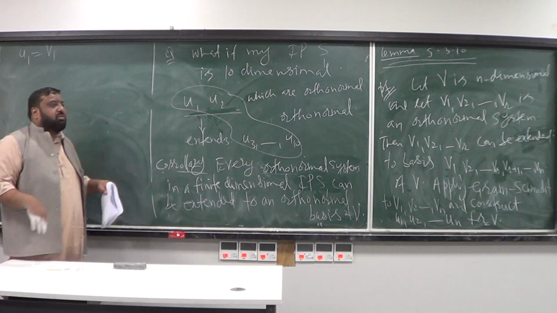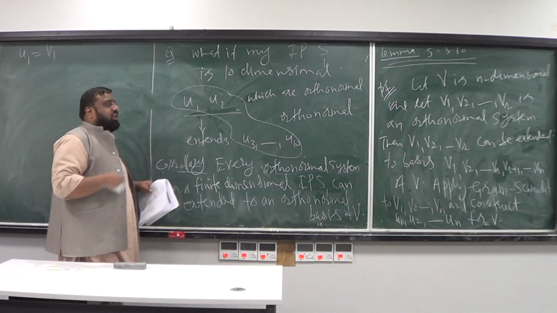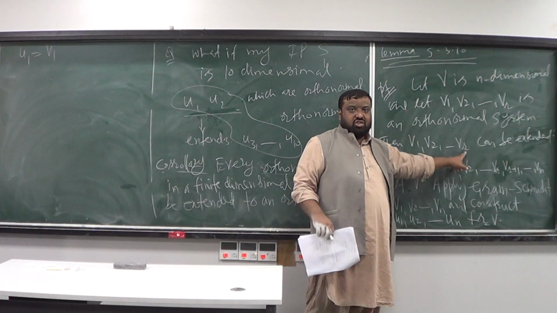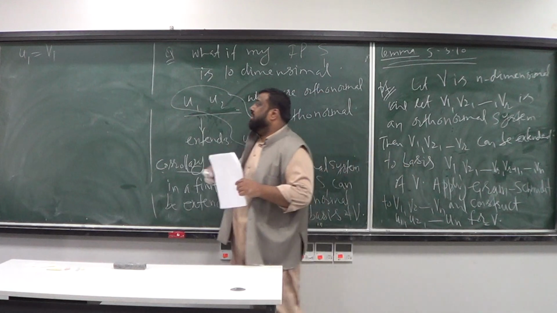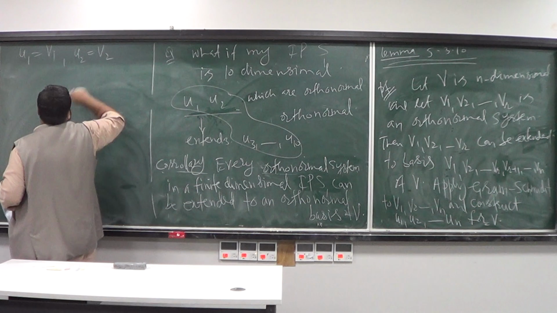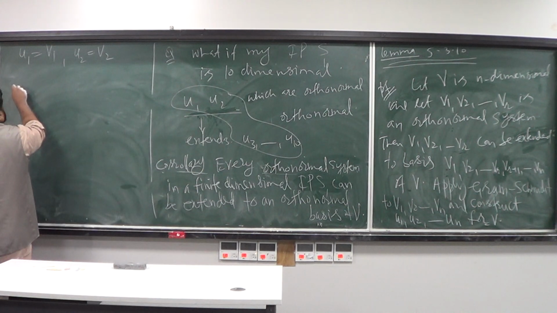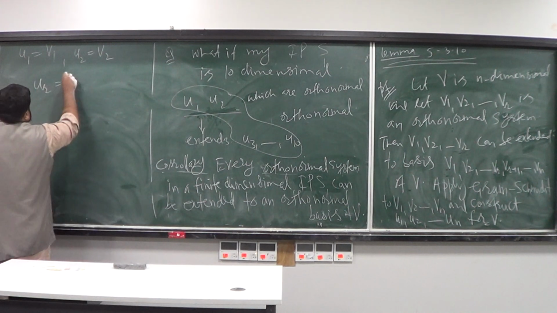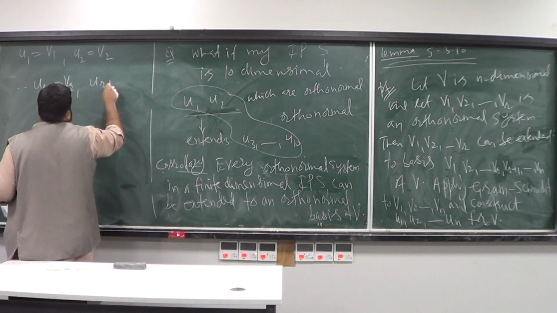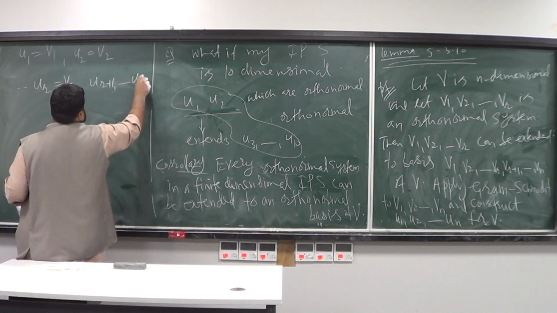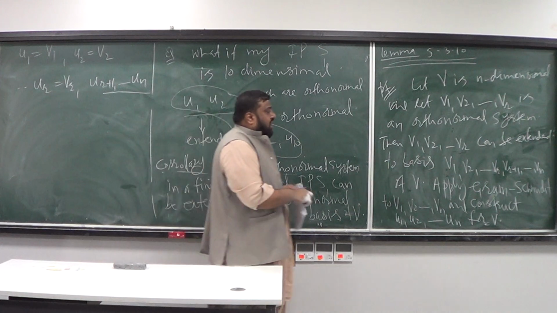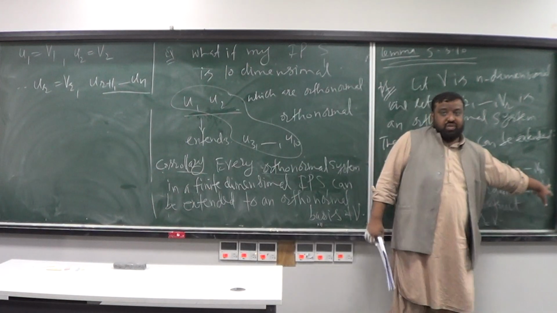In other words, the Gram-Schmidt process is not going to change these vectors V1 to Vr. So V1 to Vr would stay the same. Your U1 is going to be the same, your U2 is going to be the same as V2, and up to your Ur is going to be Vr. Hence the new vectors Ur+1 up to Un may be different from Vr+1 up to Vn.